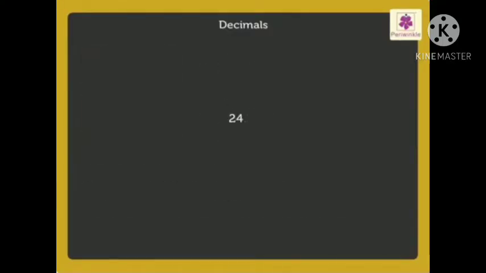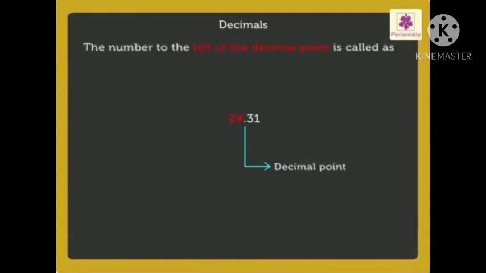A decimal number has two parts, one on the left side and the other on the right side of the point. Let us see what these parts are. Consider the decimal 24.31. The dot in between 24 and 31 is called the decimal point. The number to the left of the decimal point is called the whole part or integral part.